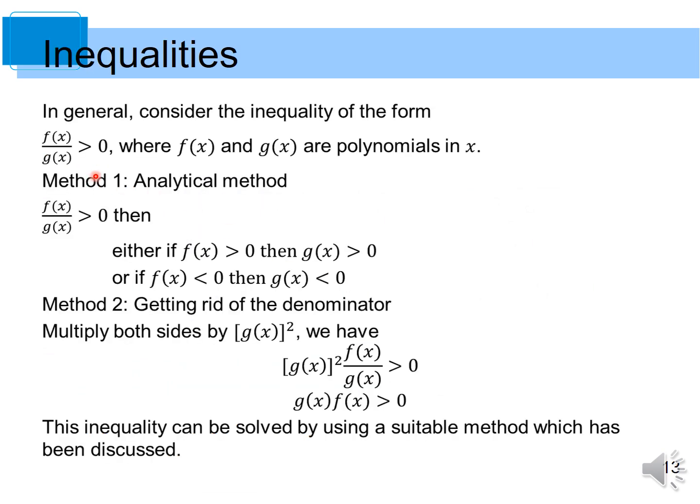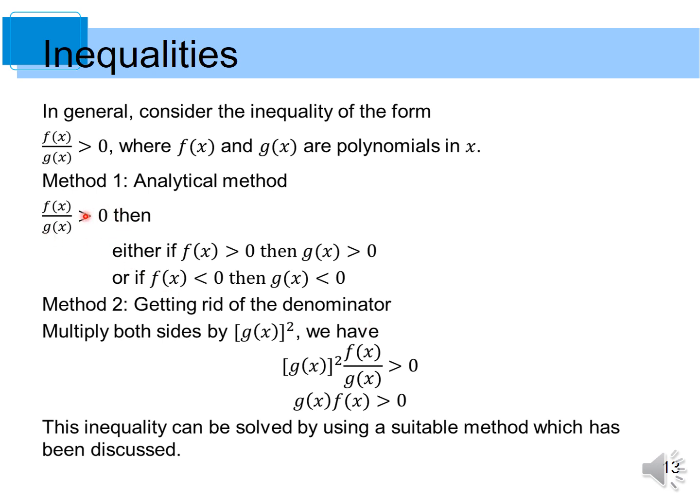For rational functions, you have recognized what a rational function is in chapter 1. For example, f(x) over g(x), where f(x) and g(x) are polynomials of x. To solve a rational inequality, we have two methods. First, we call the analytical method, and the second is getting rid of the denominator. Look at the first method.